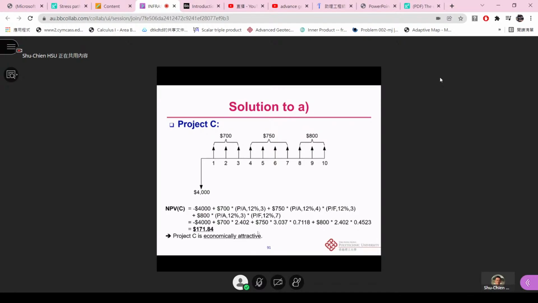And you can see that project C is also economically attractive, if we just use the NPV. However, we haven't really considered the MARR of the company. Also, we know that if we spend the direct costs for those projects, it will make these projects economically feasible.